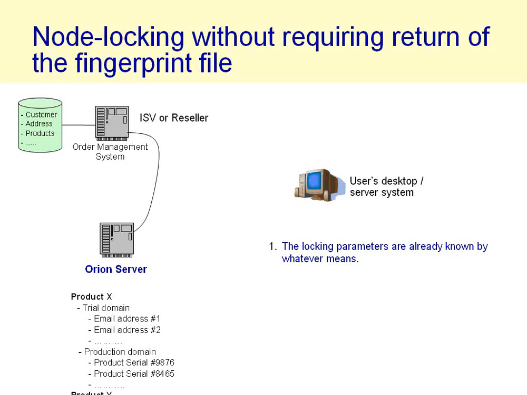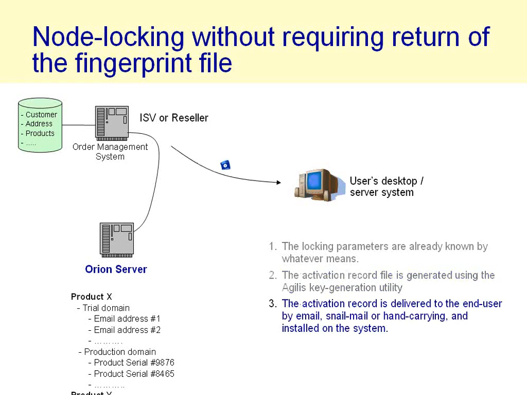So in this case, this assumes that you know what those locking parameters are, the MAC address, the system serial number, whatever it is that the application is to be locked to. And in this type of scenario, that's often the case. So what you can do is use the Agilist key generation utility to generate the activation record file ahead of time, and then just take it as a file on a thumb drive, whatever it might be, and hand carry it, email it, send it in whatever fashion to the end user.